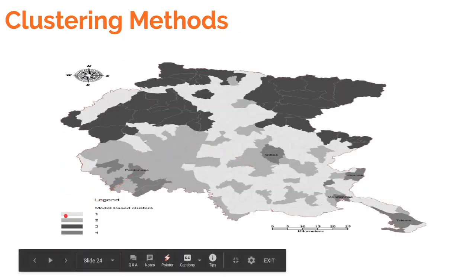Here, a model is kind of a prototype. These are the model-based clusters 1, 2, 3, 4. This is one prototype which is considered one model. This is a second prototype, considered the second model. This is a third prototype, and this is a fourth prototype. So these are all 4 different models.